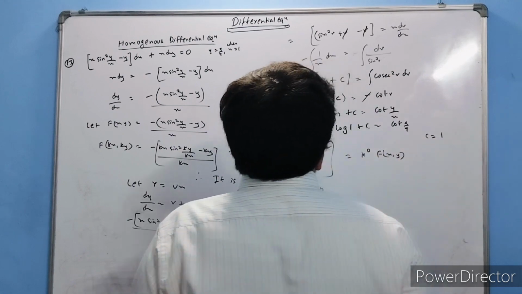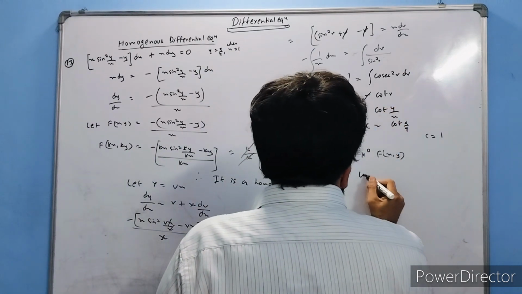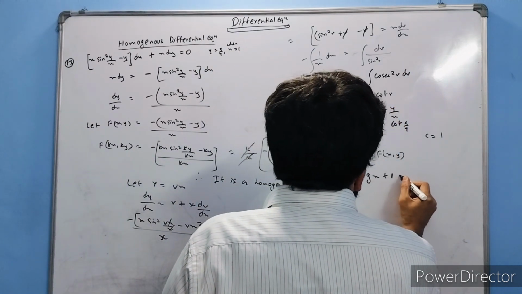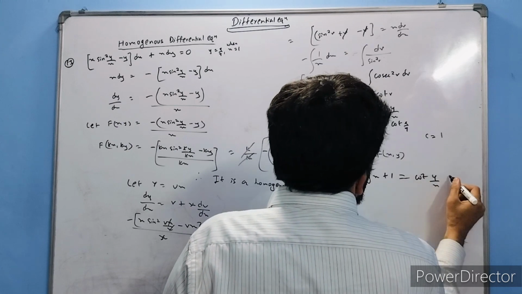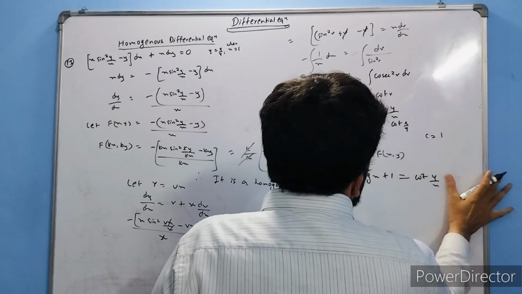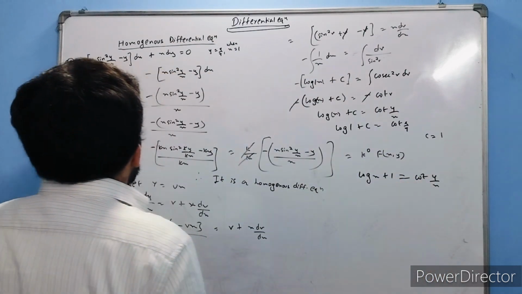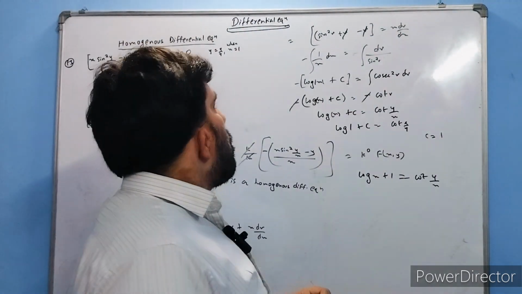Now I can put the value here. So we have log x plus 1 is equal to cot of y upon x plus 1. So that is how we are able to find the solution of the homogeneous differential equation.